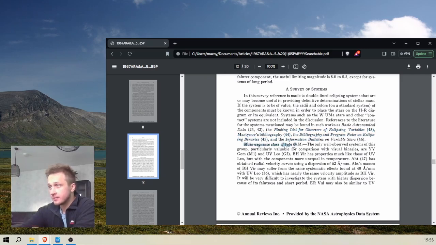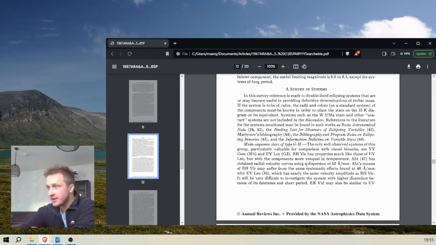And then there's another topic here, main-sequence stars of type G2 and later. The only well-observed systems in this group particularly valuable for comparison with visual binaries are YY Gem M1 and UV Leo G2. BH Vir has properties much like those of UV Leo, but with the components more unequal in temperature.